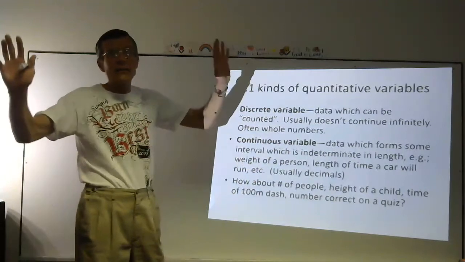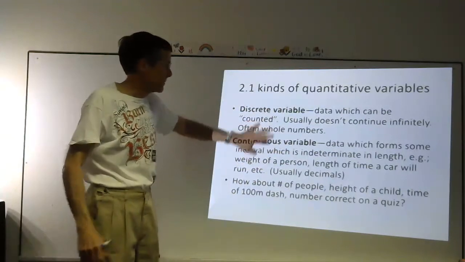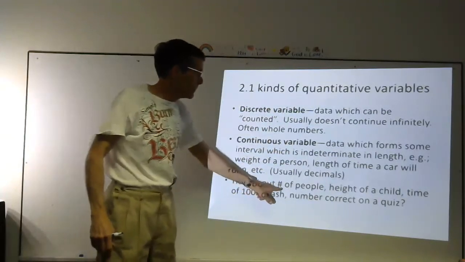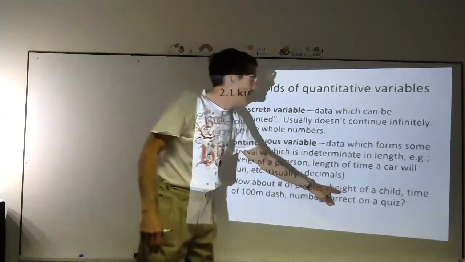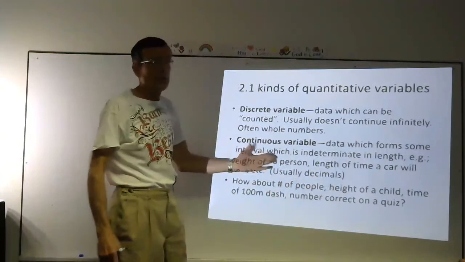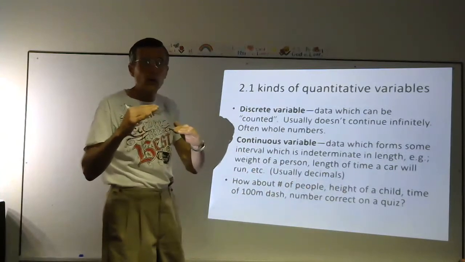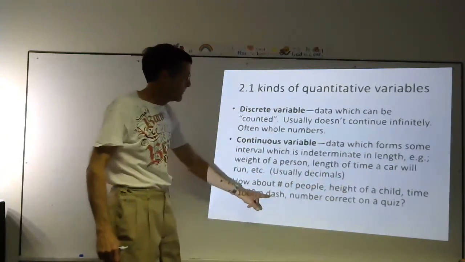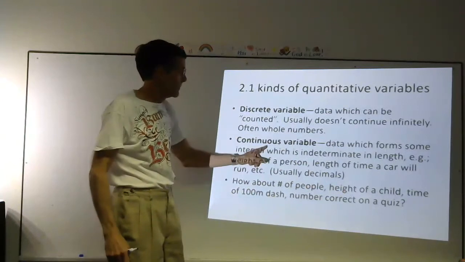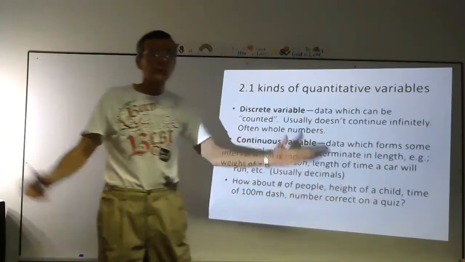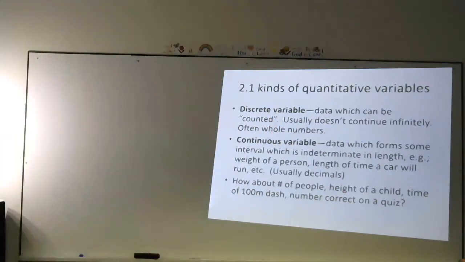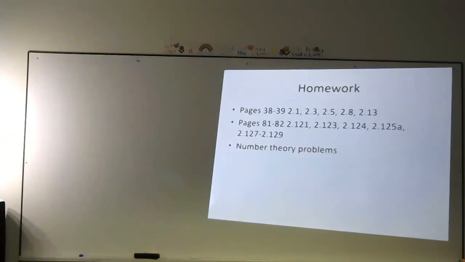I highly doubt you'll ever have anything on a test about this, okay? Number of people, right? Discrete. Height of a child. Continuous, because it's not whole numbers. Time of the 100-meter dash. Continuous, decimals. Number correct on a quiz, discrete, whole numbers. Okay? Not a huge deal.